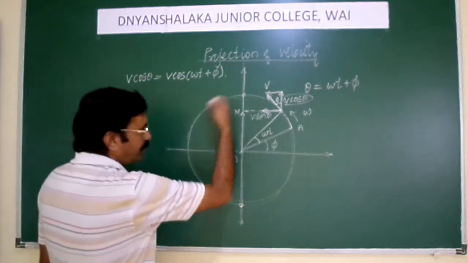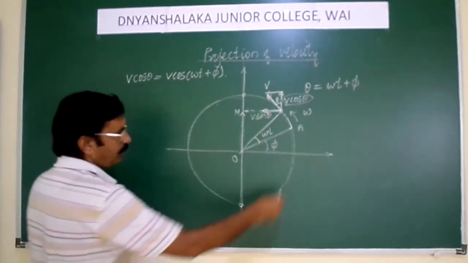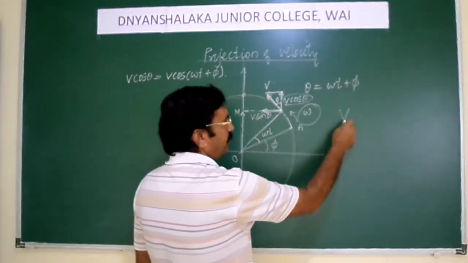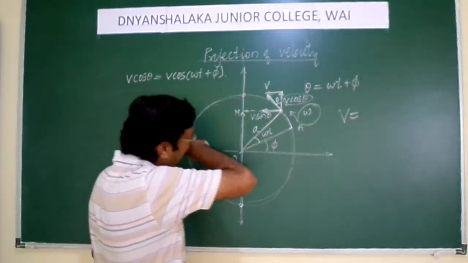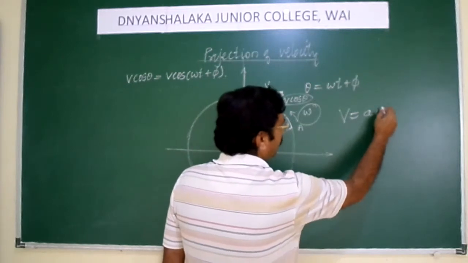But in uniform circular motion, if a is the radius of the circle, then v will be equal to a omega.